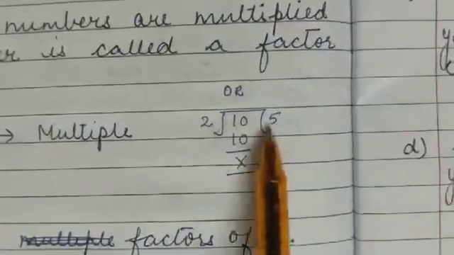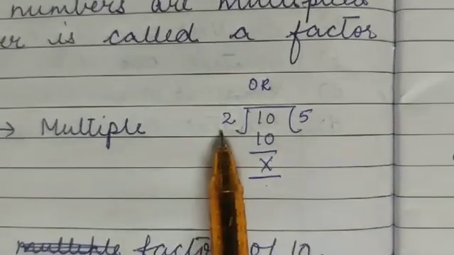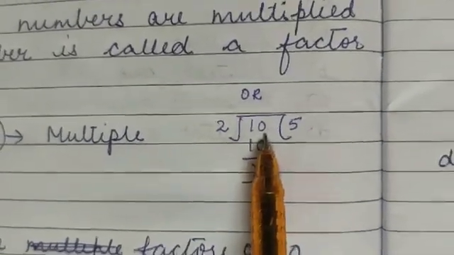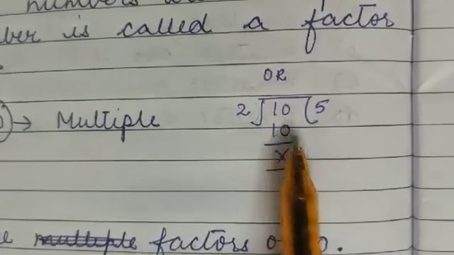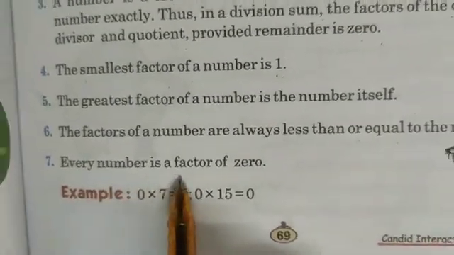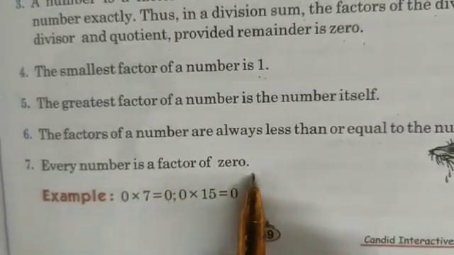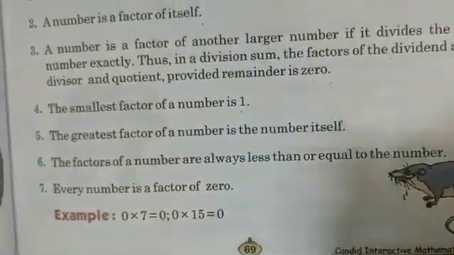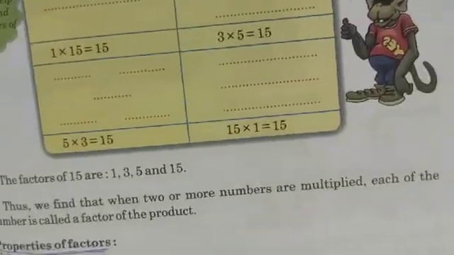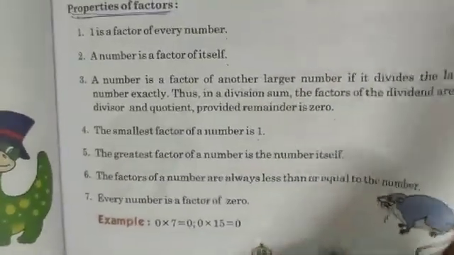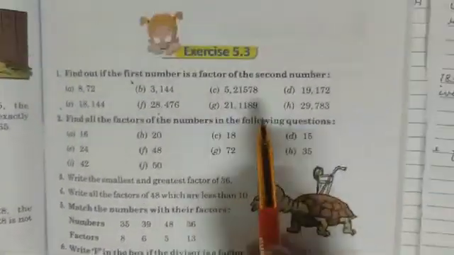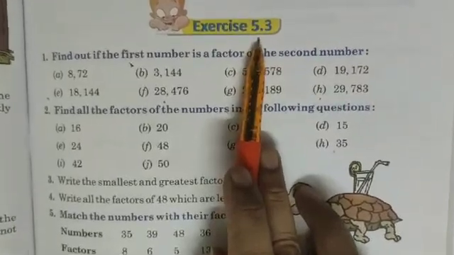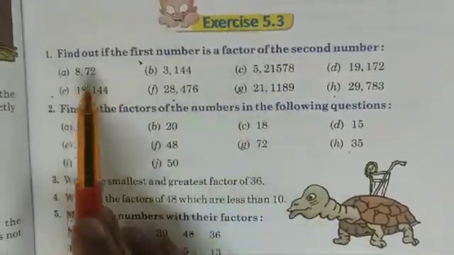The factors will always be smaller or equal. They will never be bigger than the multiple. And the last one is, every number is a factor of 0. Clear? So here you have to just read it properly, and then we will move to the exercise 5.3.